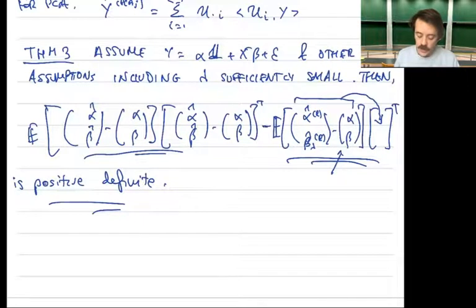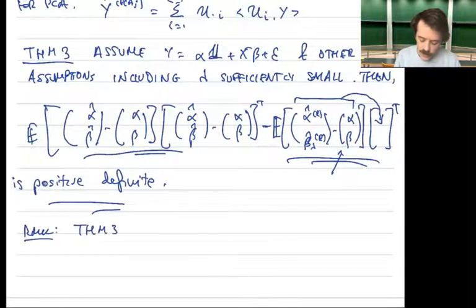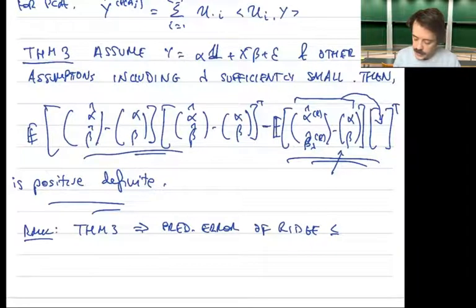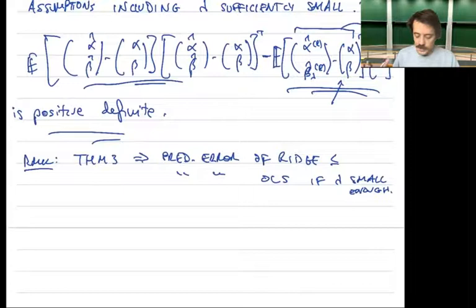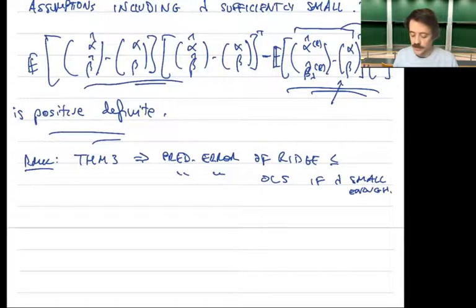And this is, by the way, going to imply, so remark, theorem 3 actually implies that the prediction error of ridge is smaller than that of OLS if lambda is small enough, which means, of course, that we have regularized a bit and we have traded some bias for some variance.